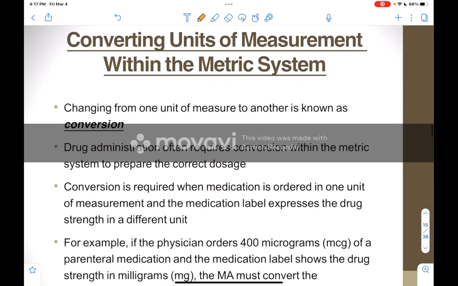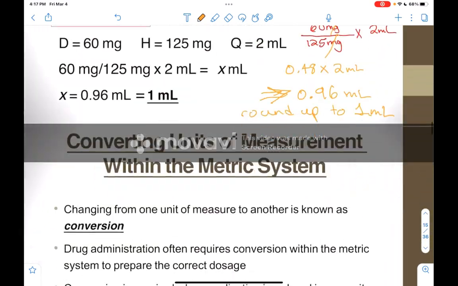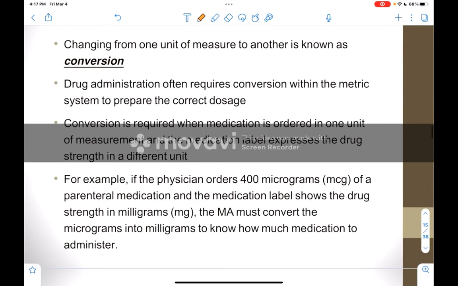Okay, so sometimes we need to convert from one unit of measurement to another, and that's known as a conversion when we change that. We often have to do that in order to prepare the correct dosage. Okay, so these examples we didn't have to convert at all, so they were super easy, right? But we have to do it when what was ordered is one unit of the medication, but the label has a different unit of measurement.